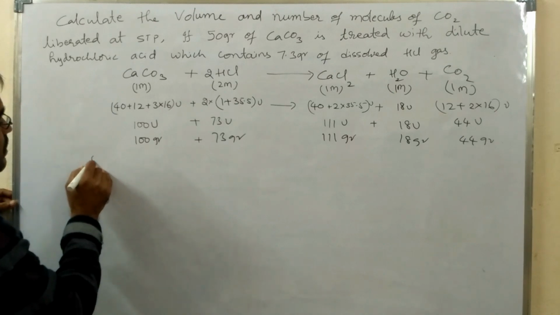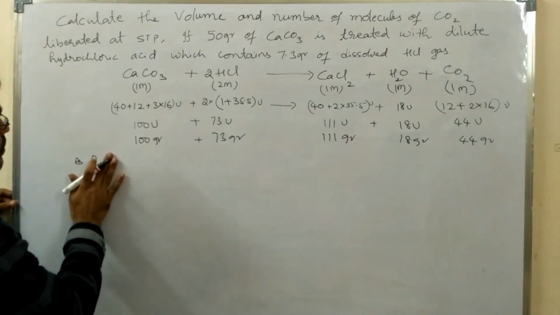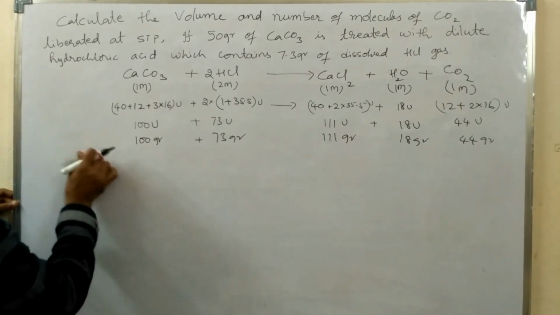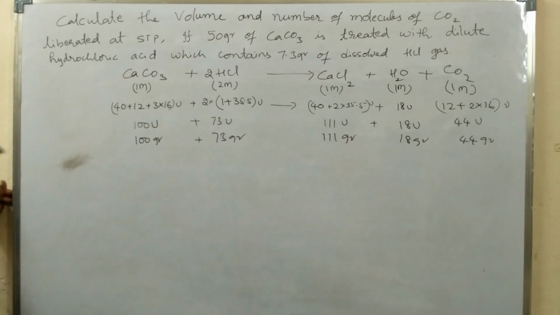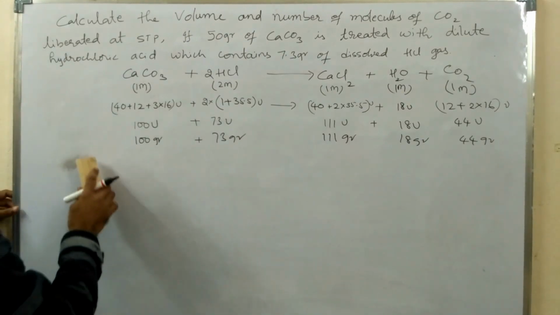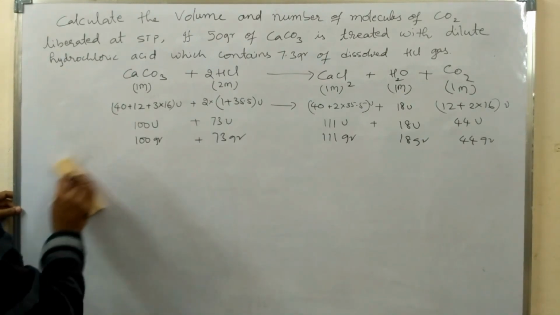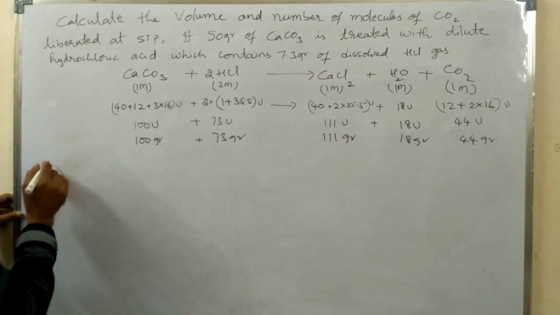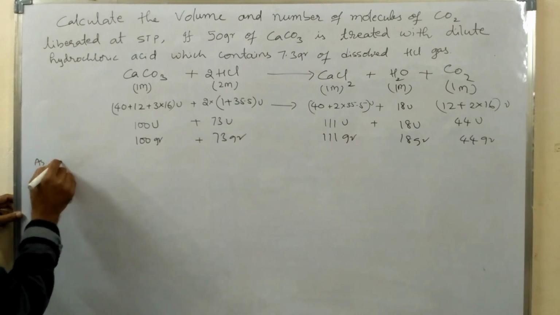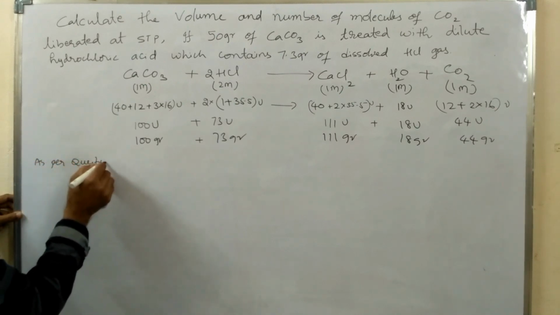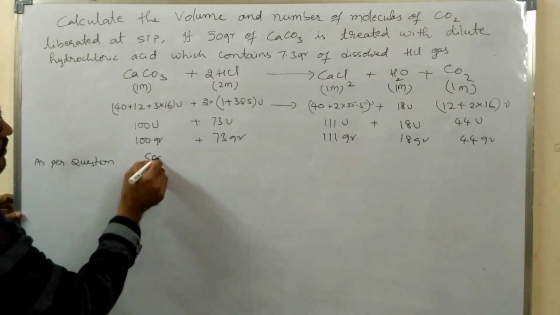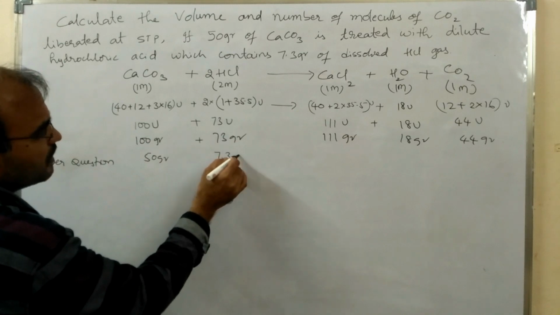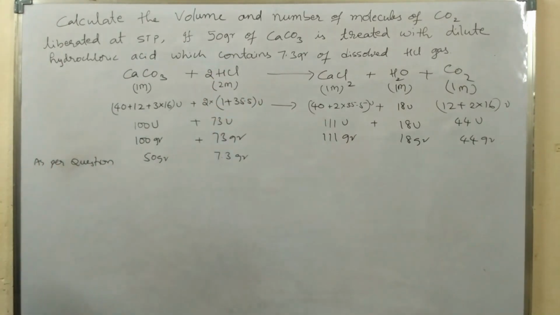Problem. As per the question, 50 grams of calcium carbonate is taken, 7.3 grams of HCl is taken.